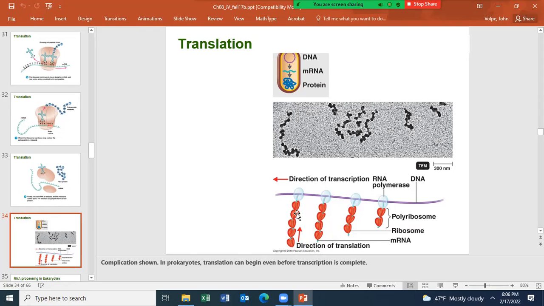We have both protein translation and messenger RNA transcription occurring at the same time. That's a complication. Now in eukaryotes, transcription and translation never happen at the same time because in eukaryotes, transcription is happening in the nucleus and translation is happening in the cytoplasm. Any question about any of that?